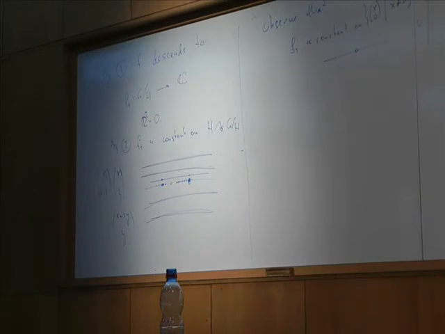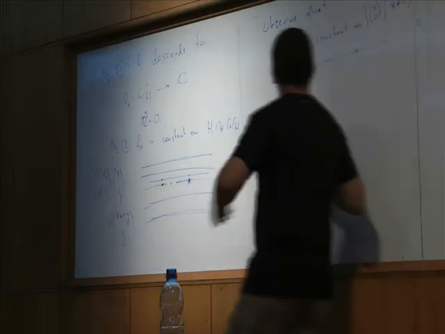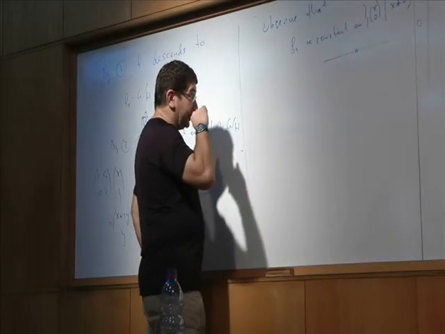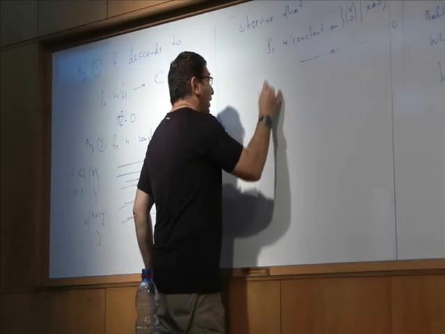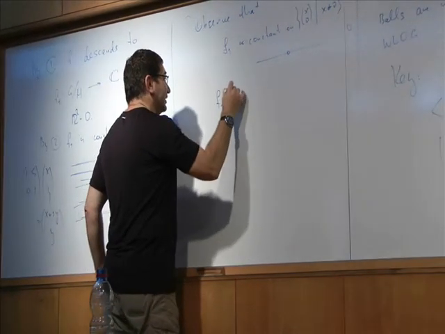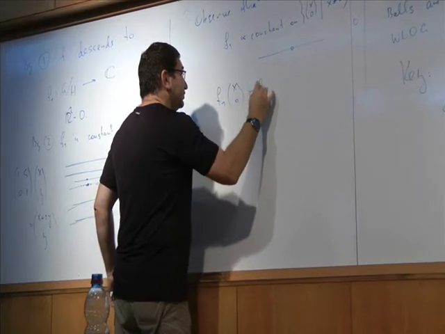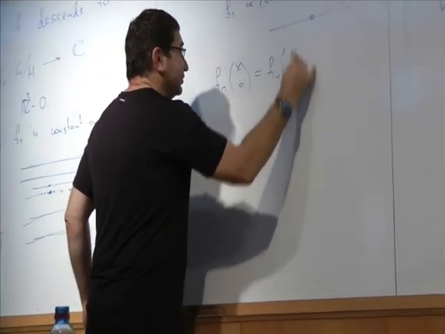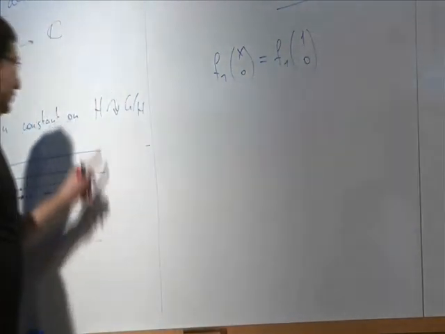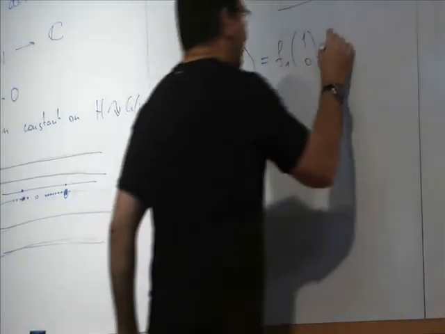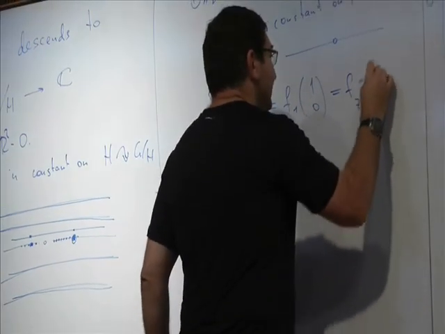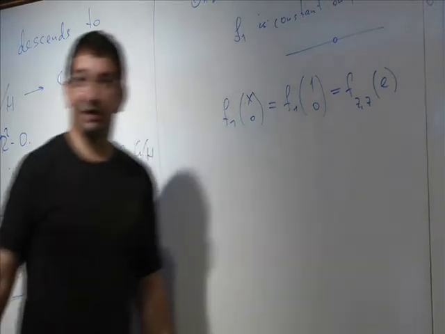Now, you get, as a conclusion, that f1 at any x0 is equal to f1 at 1, 0. Now, who is 1, 0? This is exactly f zz of the identity.